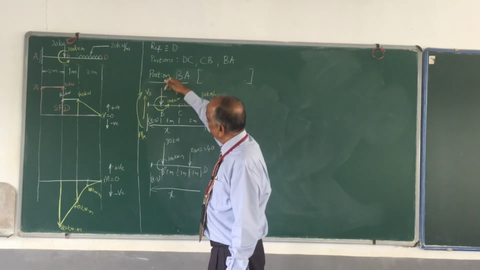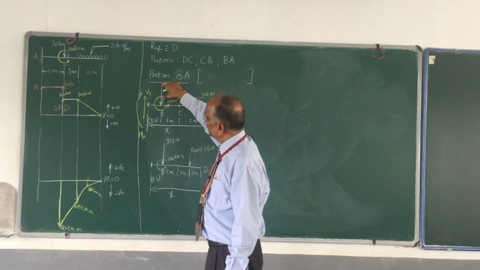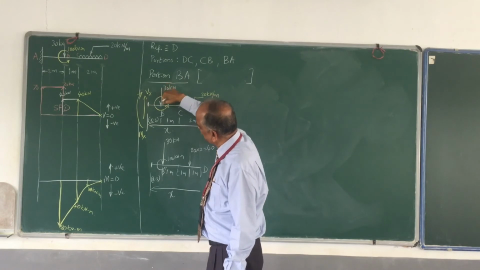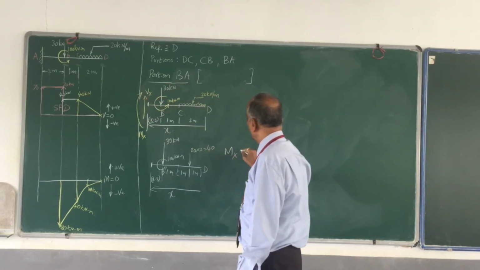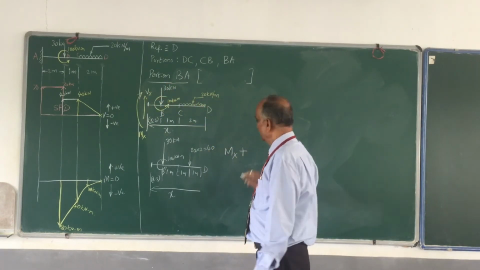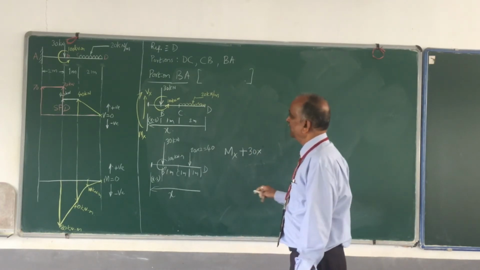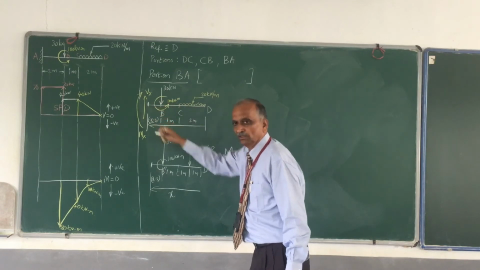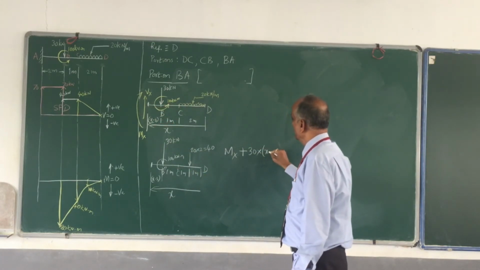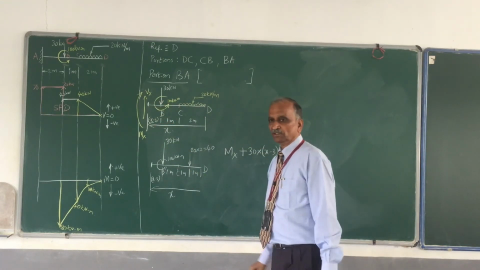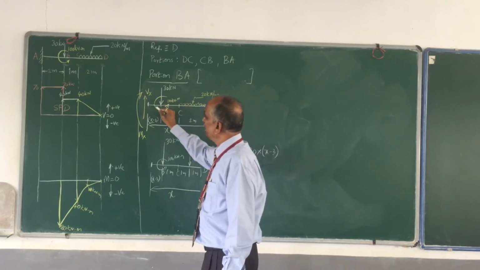Then let me take this 30 kilonewton. The moment due to this 30 kilonewton about this section is clockwise, and therefore it is plus. So 30 multiplied by the distance, this distance, x minus 3. 30 into x minus 3. Then I also have a moment here.